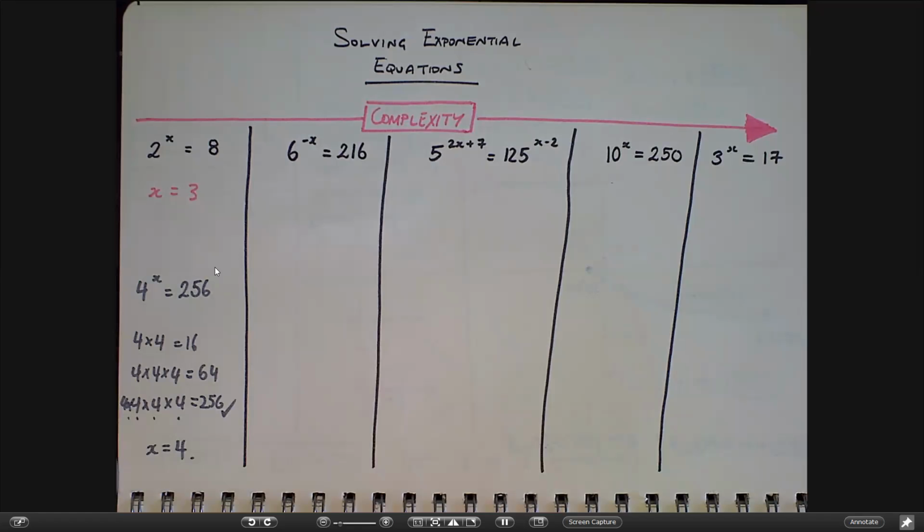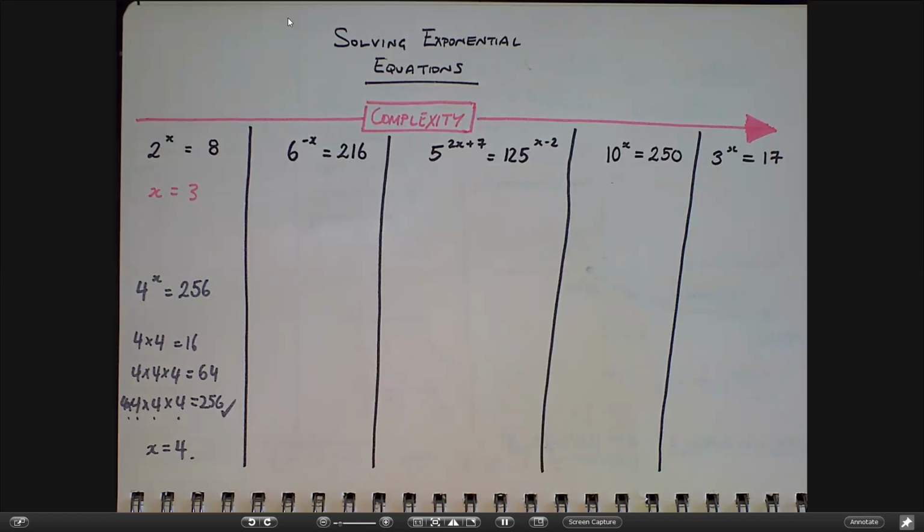Okay, next level up is where the power has an x in it, but isn't just x. It's x written in some other way, some expression involving x. The trick to these ones is to write the right-hand side to the same base as the left-hand side. So you actually don't look at the left-hand side for a little while.